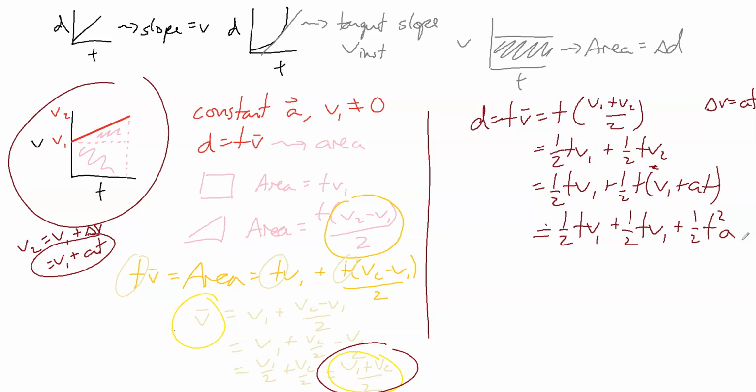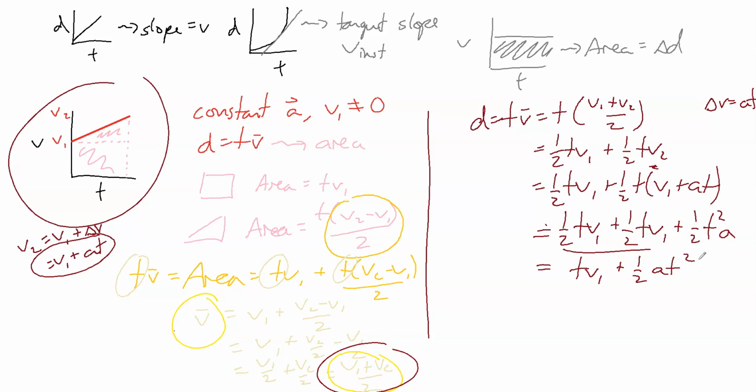So that would come together to make a whole t v1. These two combine together. So that's going to be t times v1 plus, and I'm going to move this around a little bit, because usually with polynomials you try to have the higher powers later on. I'm going to move it around something like this. All right. So we have t v1 plus 1/2 at squared.